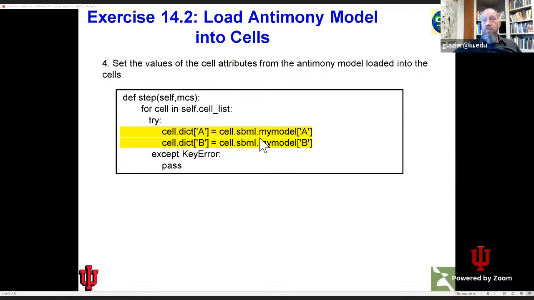Suppose you loaded the SBML model only into cells of type proliferating. And then you tried to read the value from a cell that was of type quiescent. That would crash CompuCell without a try except. In our case, if you're loading it into all cells, you shouldn't have that problem. But in principle, I'm not recommending writing code where you don't know exactly what's happening in each cell. But when these models become complicated, occasionally using these error traps is not a bad idea.